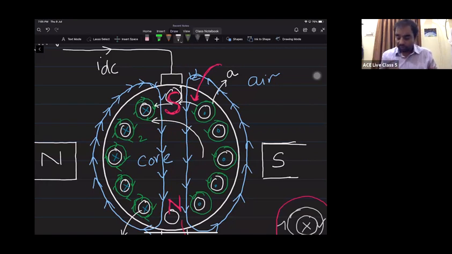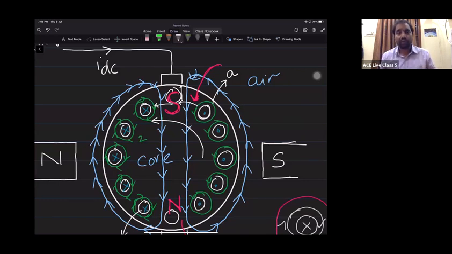After touching that commutator, it will come here. Then when it is coming here, what will be the direction of current in that conductor? It will be converted into cross. So here it is carrying dot, but once the armature moves and the position of this conductor changes after touching the brushes, it is converted into cross. So who is doing the role of changing the direction of current in a particular conductor when it is touching the brushes?